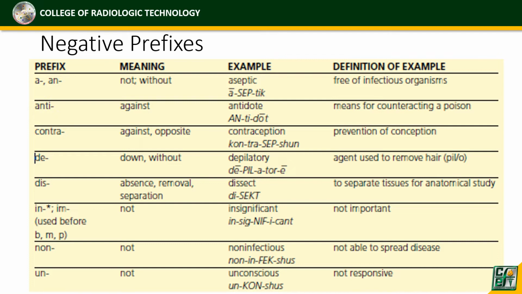Next is the prefix non, N-O-N, which also means not. Non-infectious means not able to spread disease. Next is the prefix un, which means not.